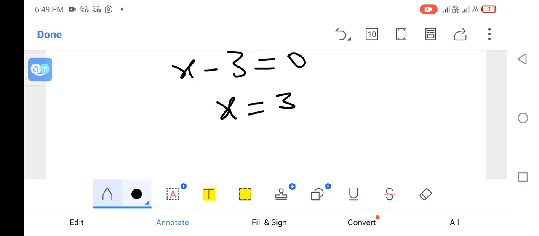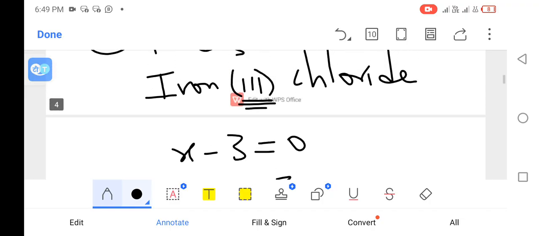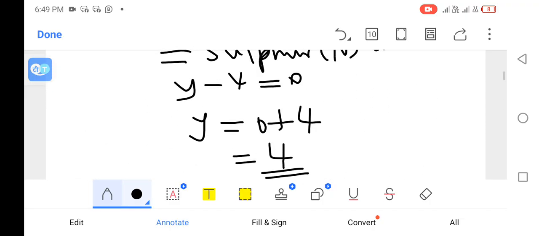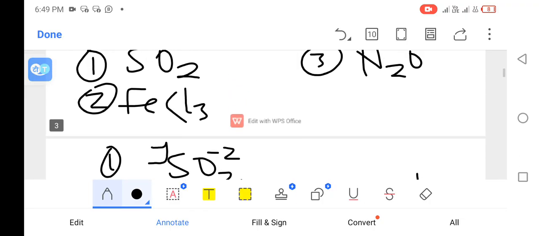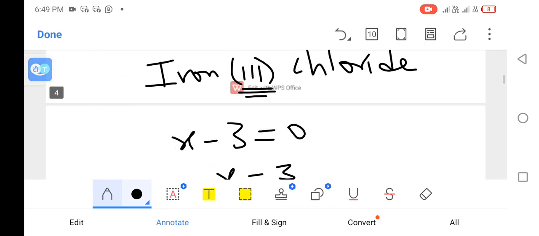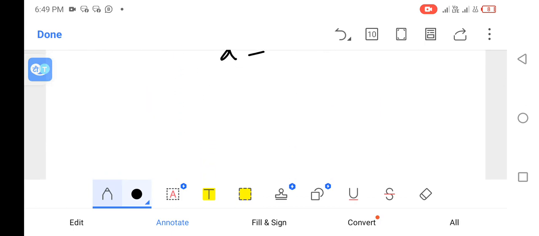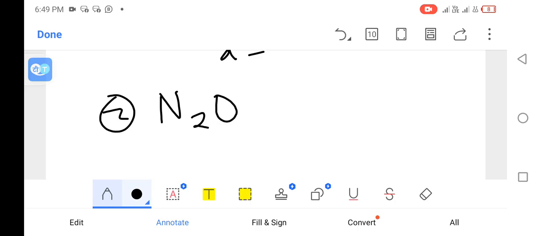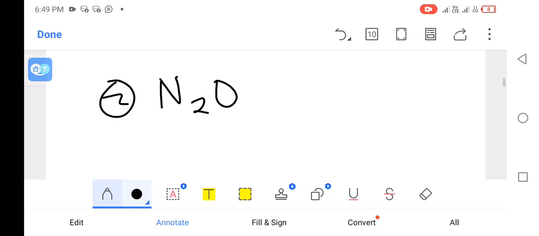What about the last one? Number 3, we have N2O. How do we name this? Is this a binary compound? Yes, it is. Nitrogen and oxygen, making it 2. So it becomes nitrogen.